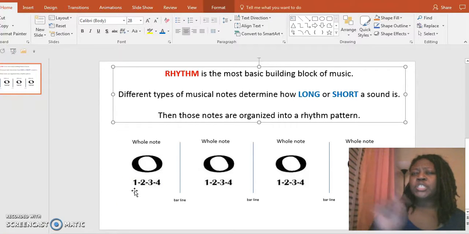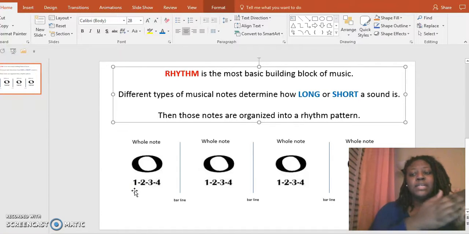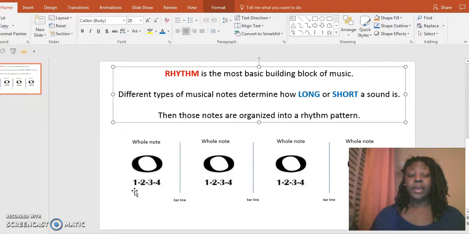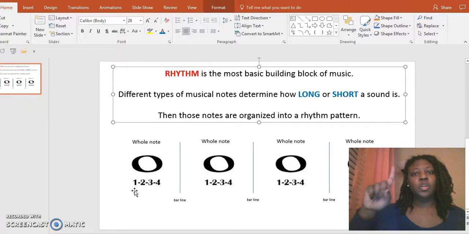And those dashes in between the numbers are really important. Those dashes mean that the sound is a continuous sound and it doesn't stop. Say I was singing the word loo: loo. 4 beats, the sound did not stop.